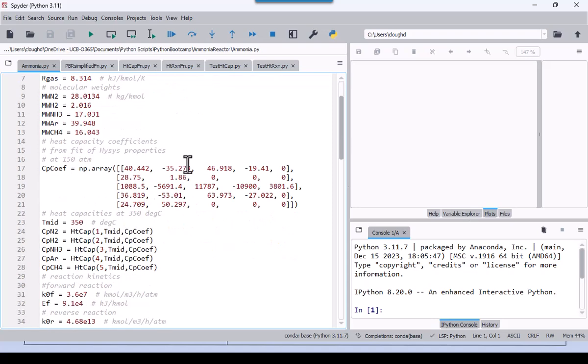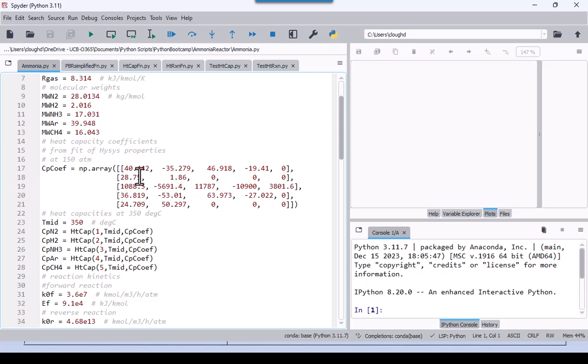So for starters here, what we do is we just put together basic data, gas law constant, molecular weights, and then we have a set of coefficients for calculating heat capacity at 150 atmospheres. And in this case, we actually develop these by using the HYSYS properties package and then coming up with statistical fits for the heat capacity.